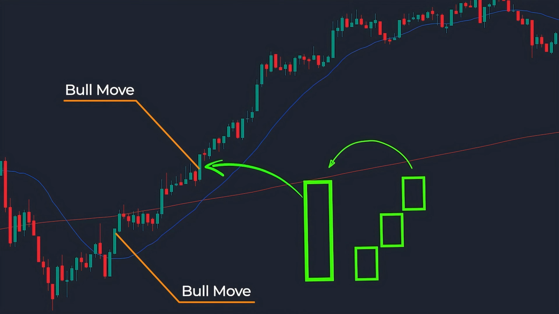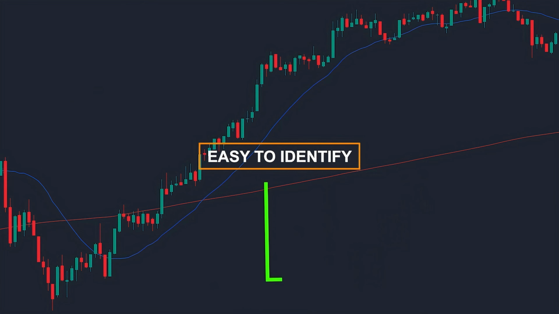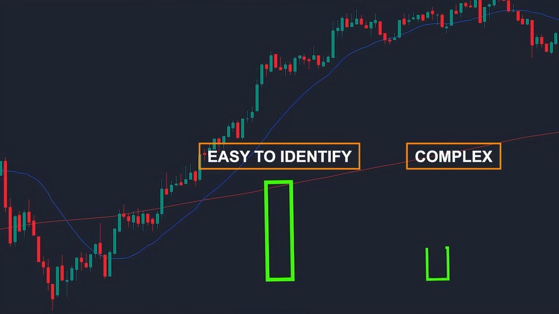Both of them are powerful surges. Both of them count as practically the same thing. It's easier to identify the one bar solid, strong surge to the upside. It's a little more complex to identify the multiple bar surge, but I'll give you a key.